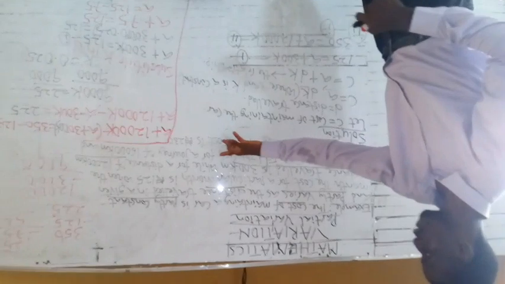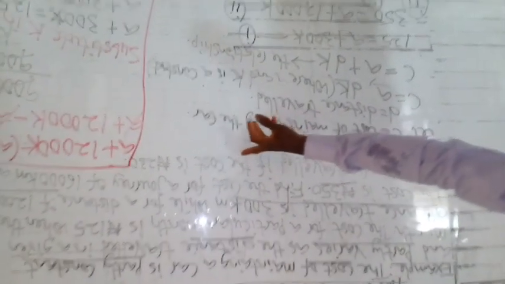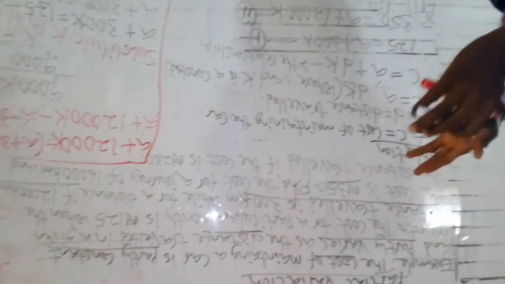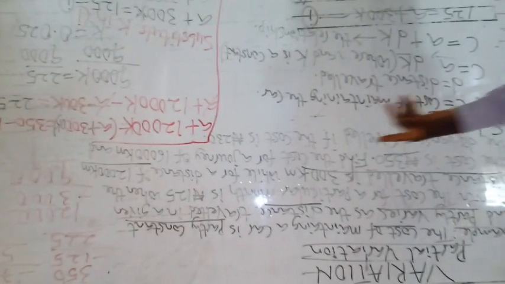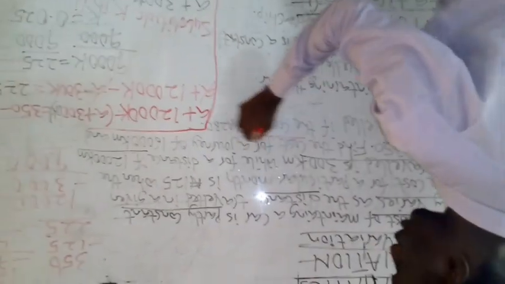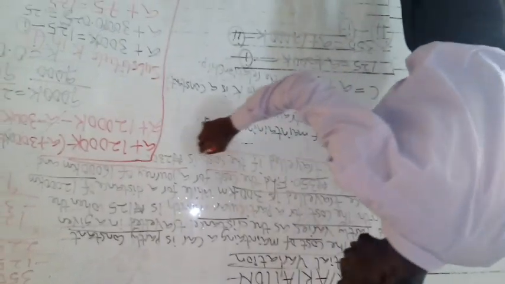Find the cost for a journey of 16,000 kilometers and the distance traveled if the cost is 230. Now if you look at the question, it is two questions. They say we should find the cost for a journey of this, and also we should find the distance traveled if the cost is this. I hope viewers at home, you are following me.